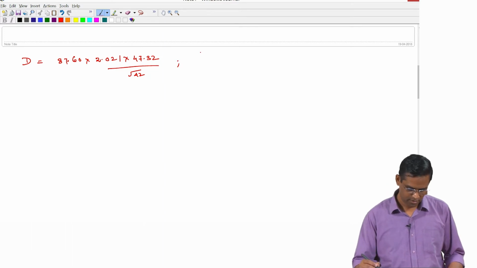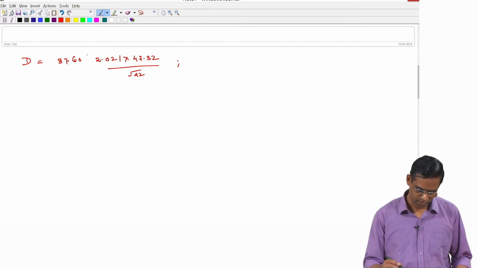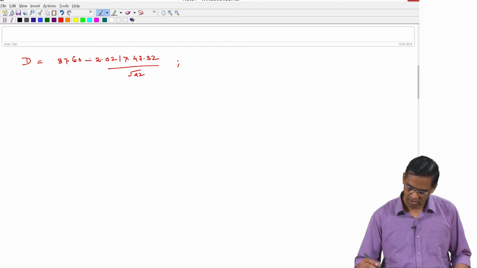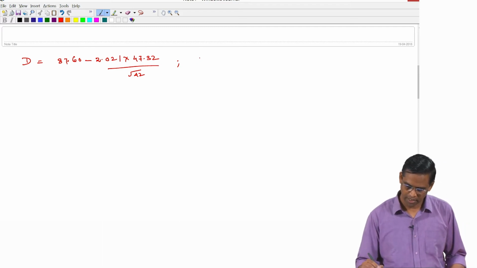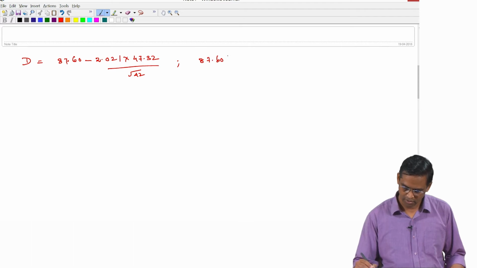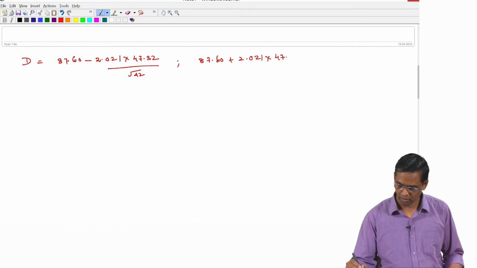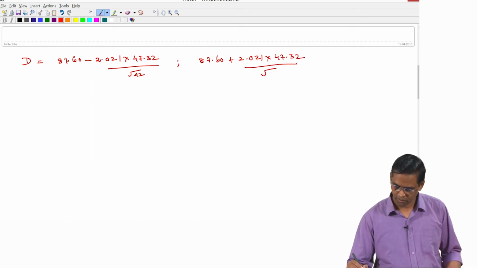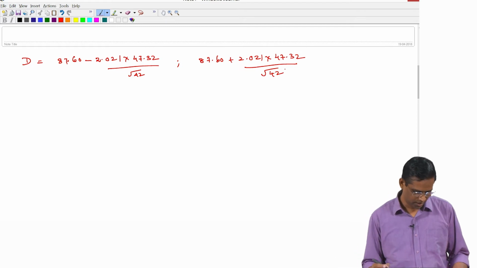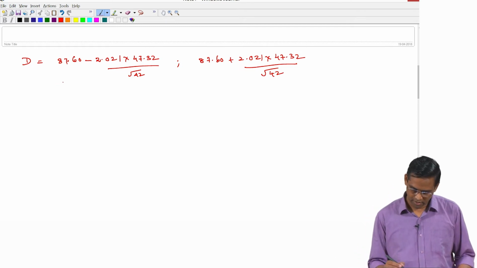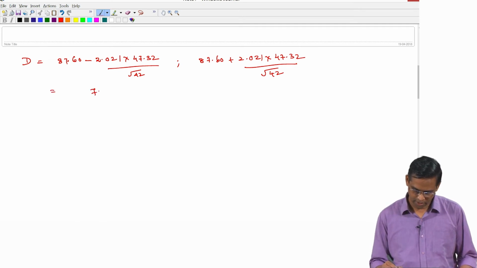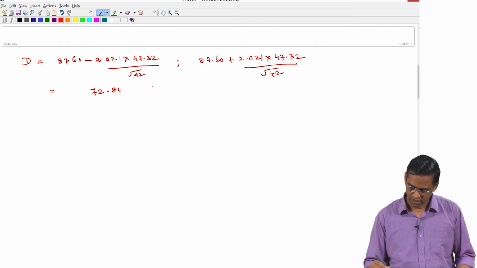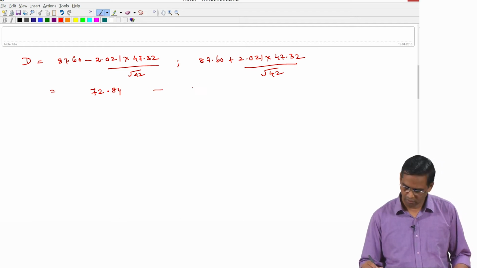There is an error here, so this is supposed to be a minus sign, and here 87.60 plus 2.021 into 47.32 over square root of 42. So, you will get the interval of 72.84 to 102.35.